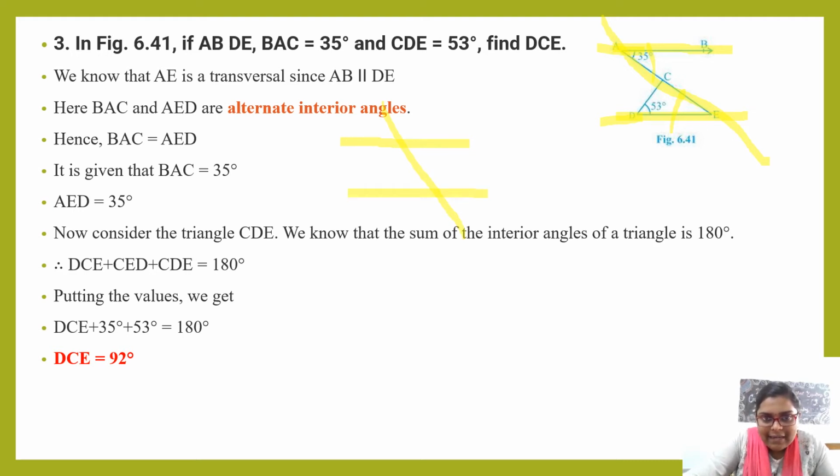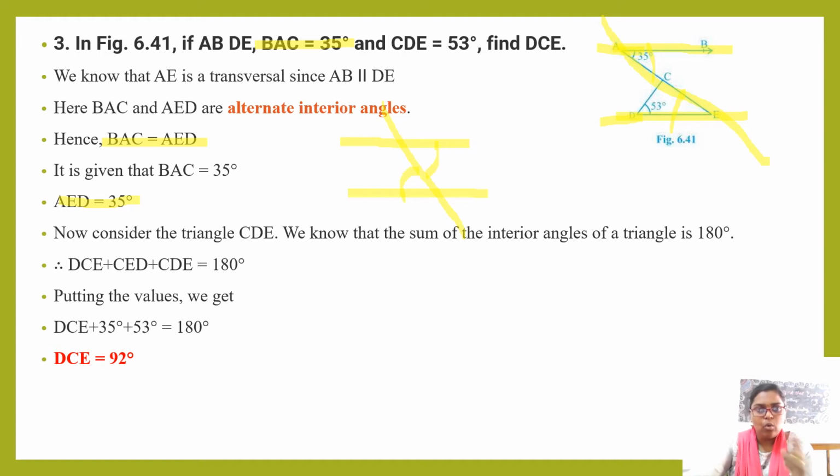These two angles are alternate interior angles, and alternate interior angles are equal. So BAC is equal to AED. By the question, BAC is 35 degrees, so AED is also 35 degrees, right?